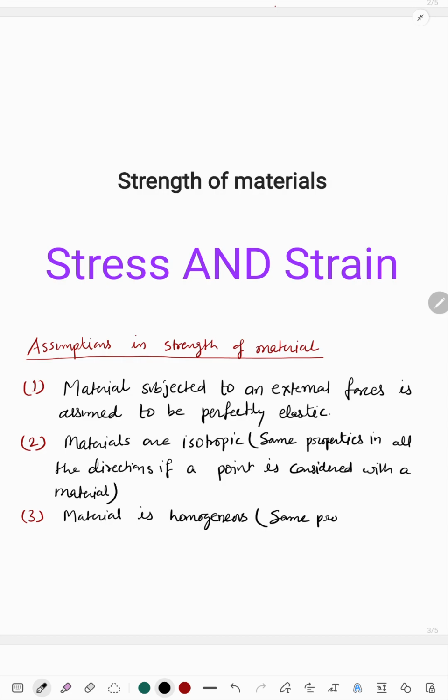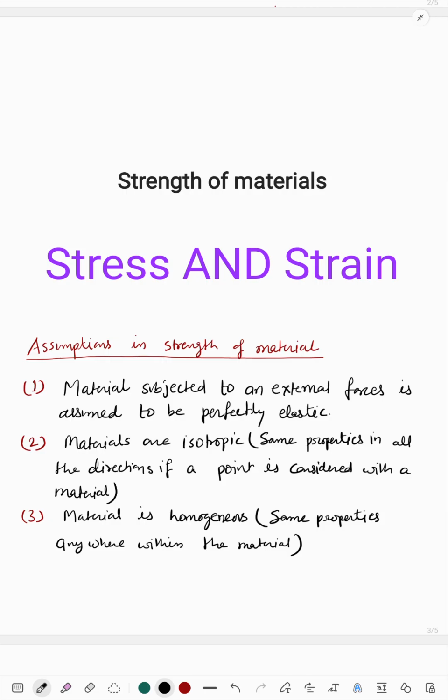So these are the assumptions: material should be perfectly elastic, material should be isotropic and homogeneous.